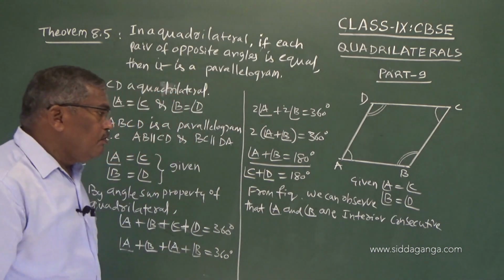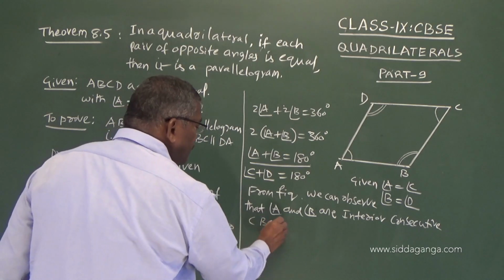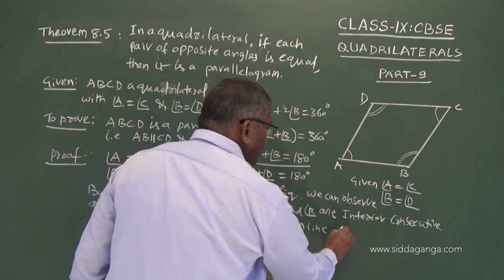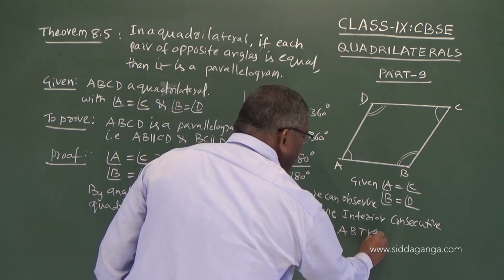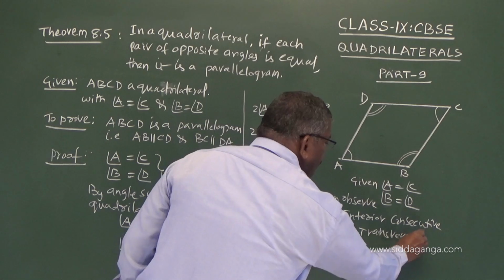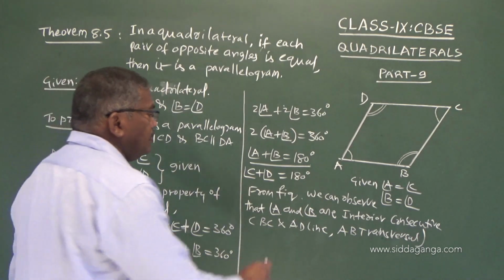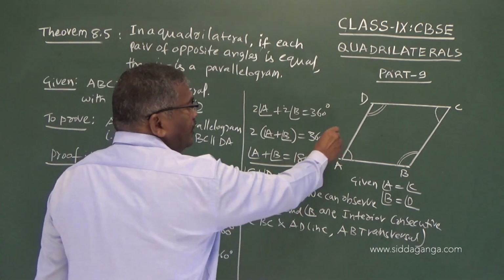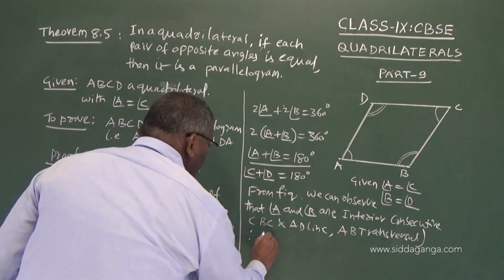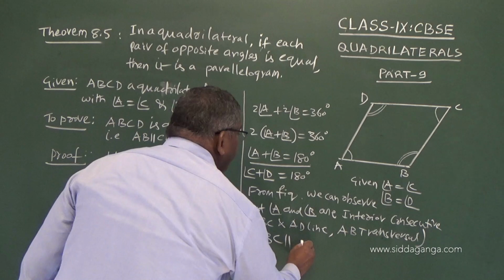How do we come to this conclusion? BC and AD are the lines, and AB is the transversal. If you consider these, then A and B are interior consecutive. When their total is 180 degrees, we can say BC and AD are parallel. So BC is parallel to DA.